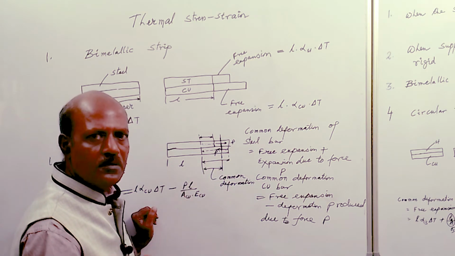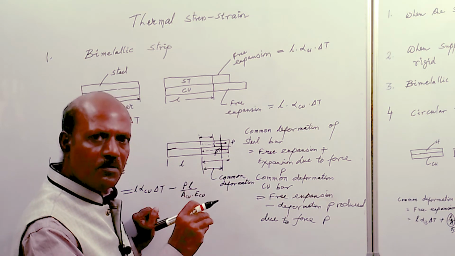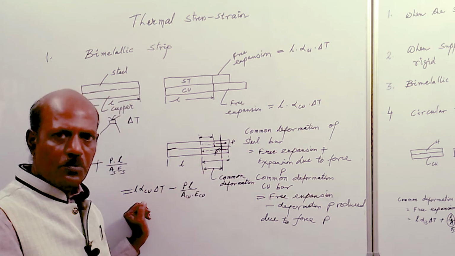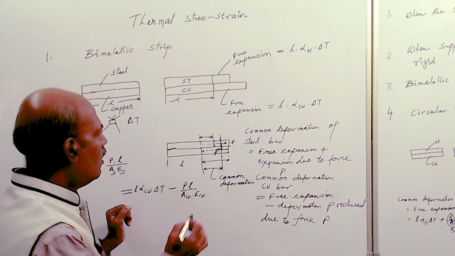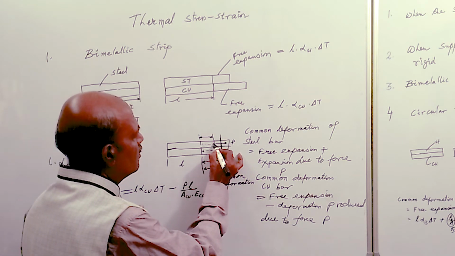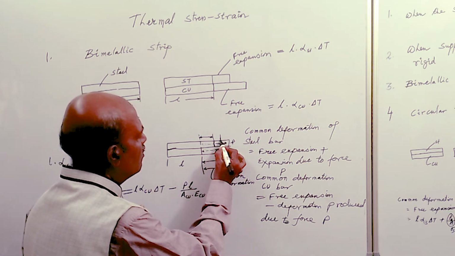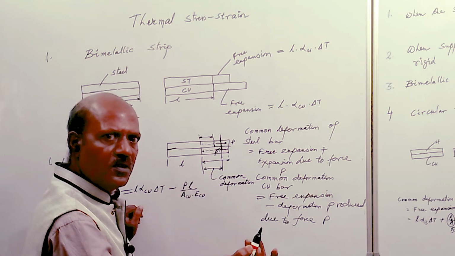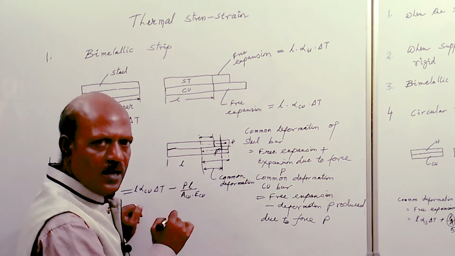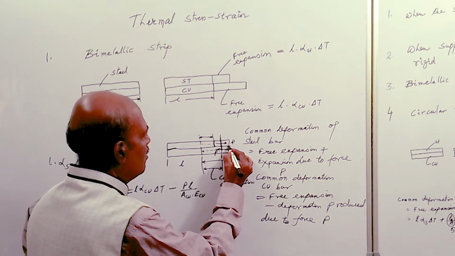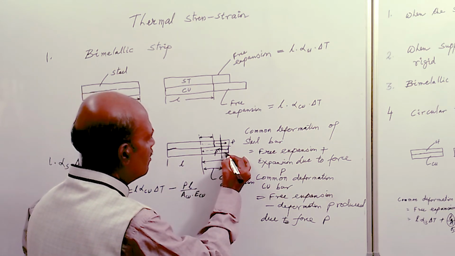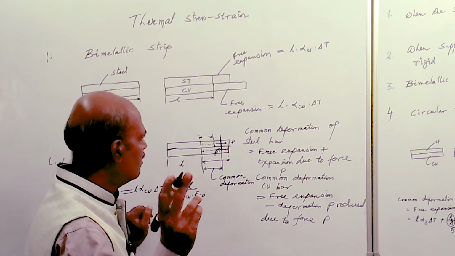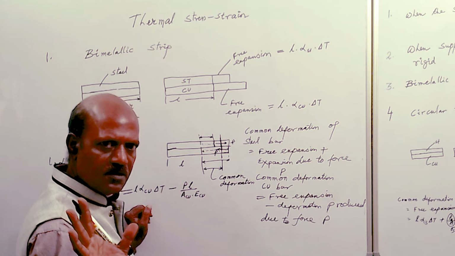That force will be equal on both bars, that is P. Say P is the unknown force developed. Because of this force, extra expansion on the steel bar will take place because of load P produced in the bar, and compression on the copper bar will take place because of that load P developed.